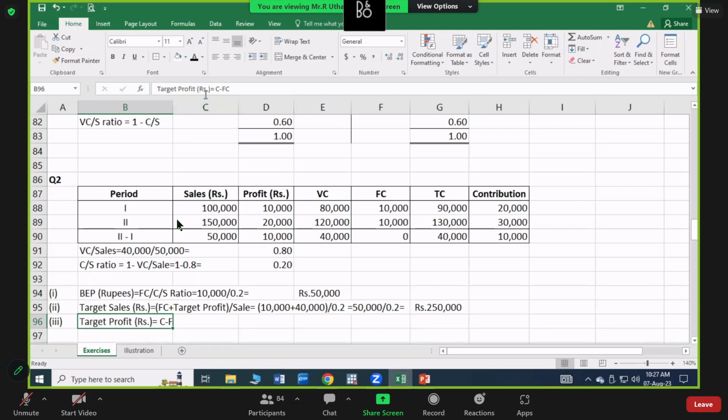You can write that the target profit is equal to the contribution minus fixed cost. So how can you get the contribution?